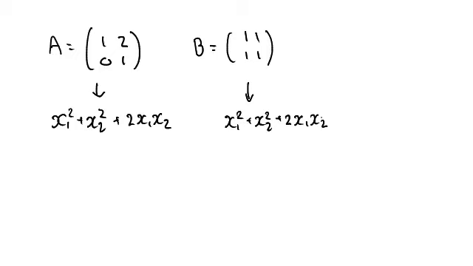This happens in the general m by m case as well. This is really because the coefficient in front of the cross product is a sum of two elements in the matrix. The element in row i column j and the element in row j column i.